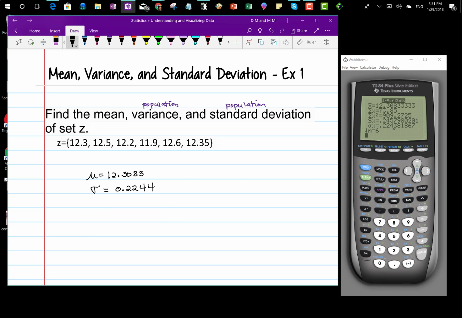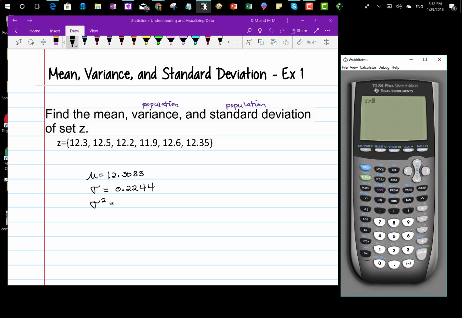Now I need to find variance. That would be sigma squared. I could retype this value and square it, or I can just press VARS, arrow down to number 5 Statistics, or just press the number 5 for Statistics, and then choose sigma x, since we are looking at population variance.